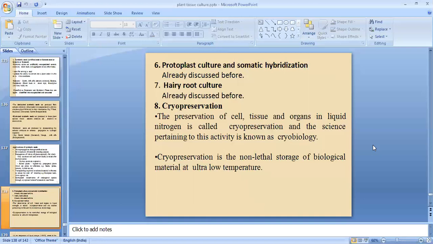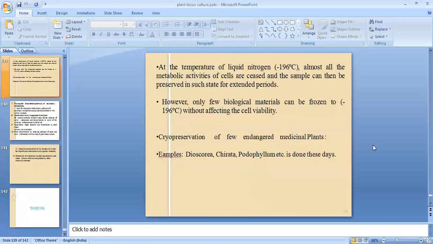So this cryopreservation is a non-lethal storage of biological material at low temperature. That means not only low temperature, ultra low temperature, somewhere around minus 196 degrees Celsius. Here the temperature of liquid nitrogen is minus 196 degrees centigrade.